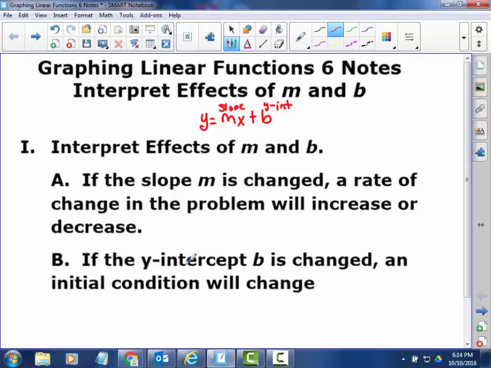Okay? If the y-intercept B is changed, then the initial condition will change. So we'd say like the starting point changed, or how much money we had changed, or something along those lines. It's going to vary problem to problem, so we're just going to have to read carefully.